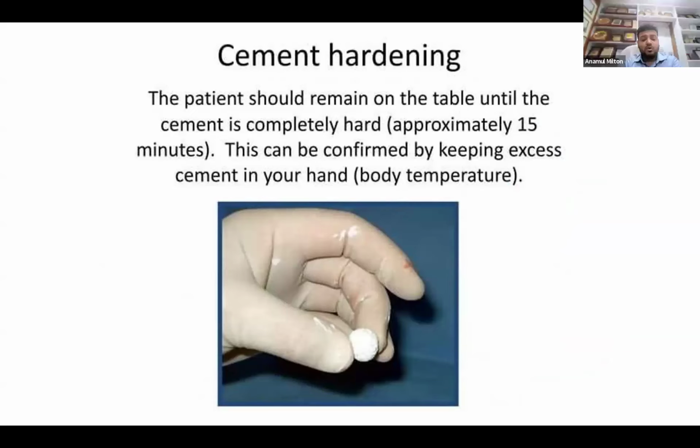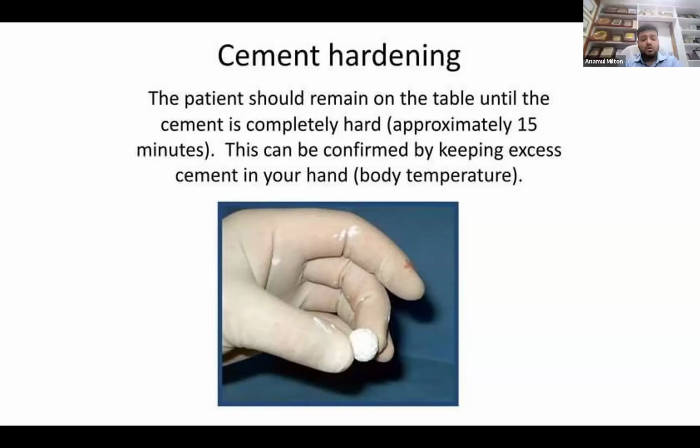So another is the cement hardening. You can create a ball, because you need only 2 to 3 ml, maximum 3 ml. So you can harden one cement outside of the body. When it hardens, you can judge that it is hardened inside the body also, because inside the body the core temperature is around 37°.